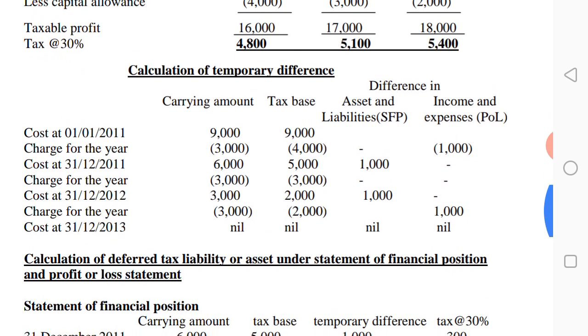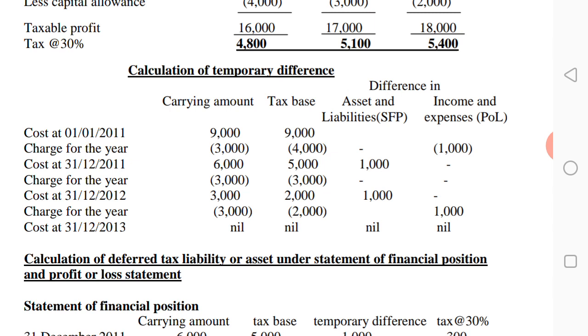Now in 2011 we have the cost. Remember that I said in our note that there would be no temporary difference for the initial recognition of an asset and a liability. So that is why the initial recognition of the asset is 9,000. So no temporary difference for the asset.